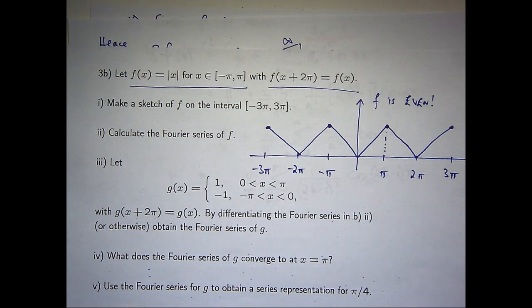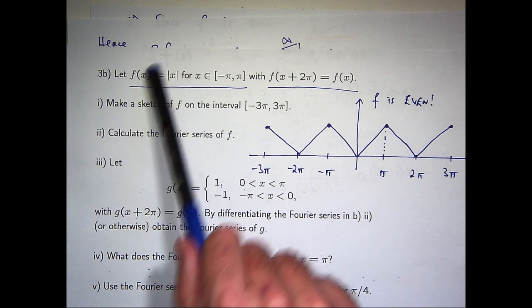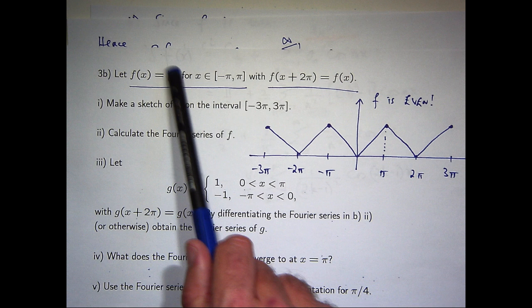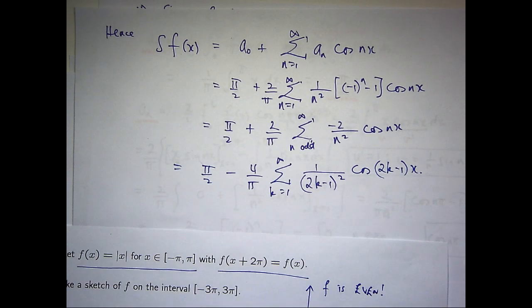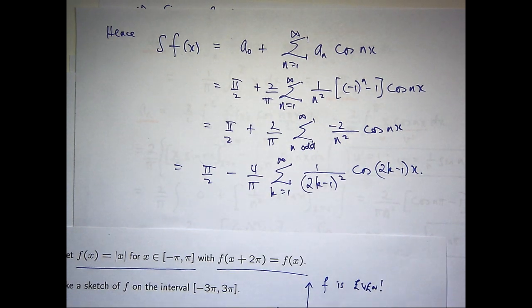Well, we're given a hint, we're asked to differentiate. So assuming we can differentiate our Fourier series term by term, let's just differentiate. Now, if I differentiate this function, note that I get this, just ignoring the point x equals 0. If I differentiate this function, I get this function. So what I'm going to do here is take my Fourier series and differentiate it term by term.